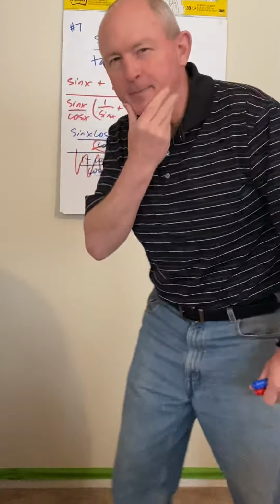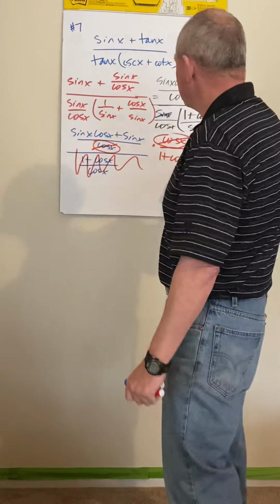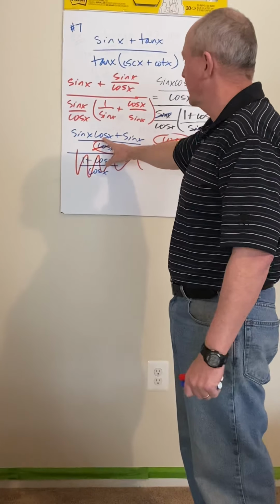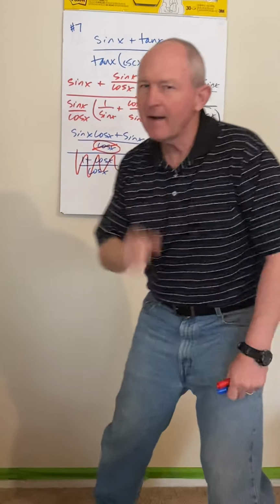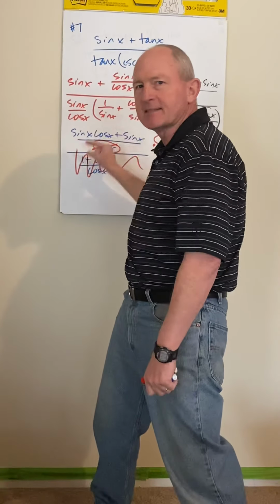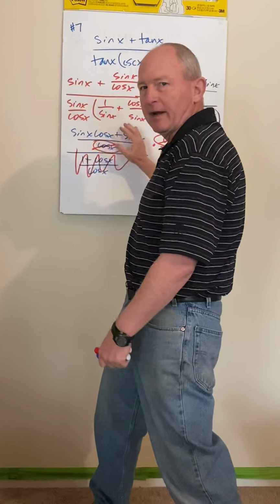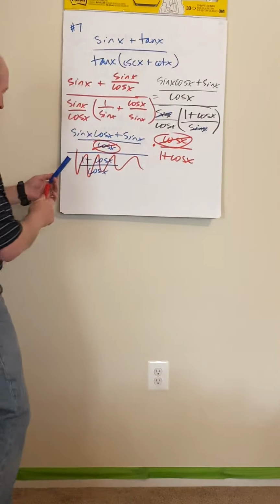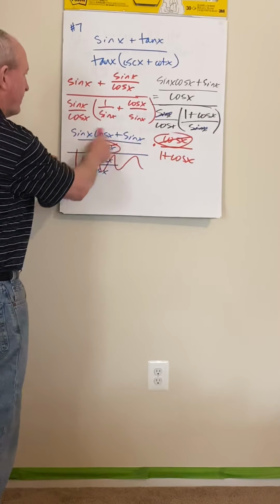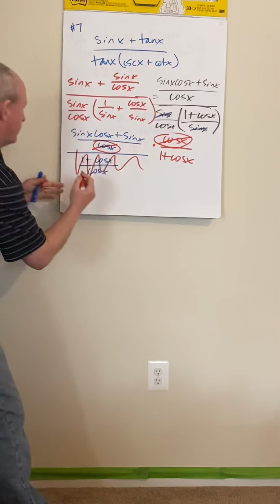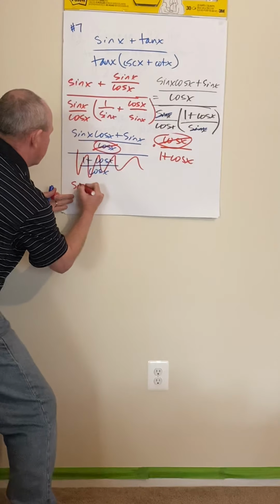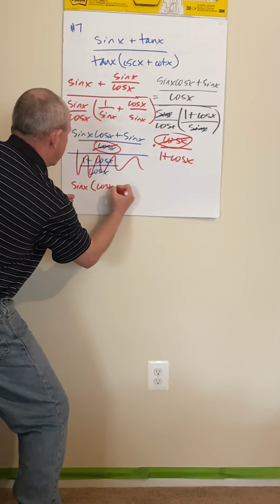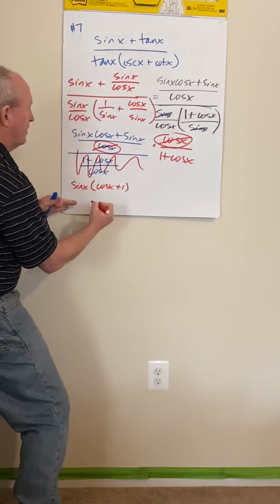Now I'm starting to scratch my chin a little bit because I got this 1 plus cosine x. And I got sine x cosine x plus sine x. I bet if I factor that sine x out of this numerator, I'll get a 1 plus cosine x. Let's see what happens. Let's factor this sine x out of this numerator. And we're going to have sine x times cosine x plus 1.